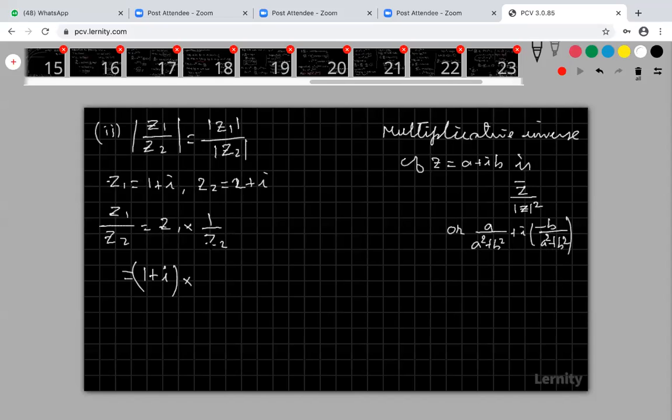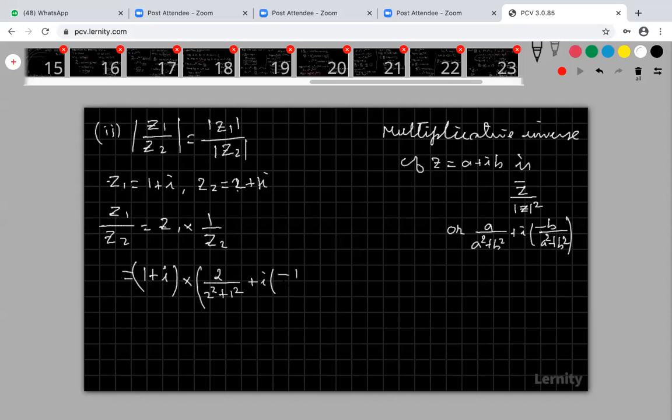So therefore, my multiplicative inverse of z2 is nothing but, this is my a, this is my b. Please try to understand, because I am going to find the multiplicative inverse of z2 only. So a divided by a square plus b square, plus i into minus b divided by a square plus b square.